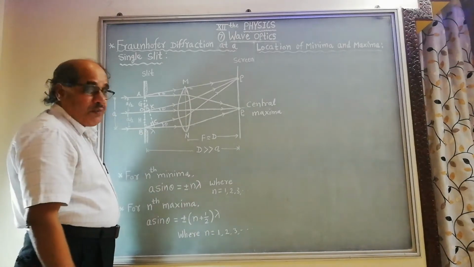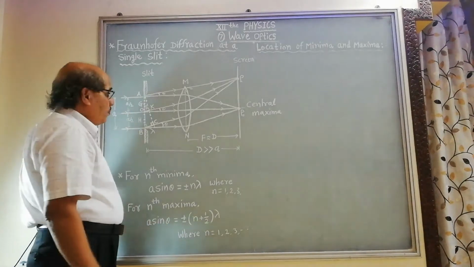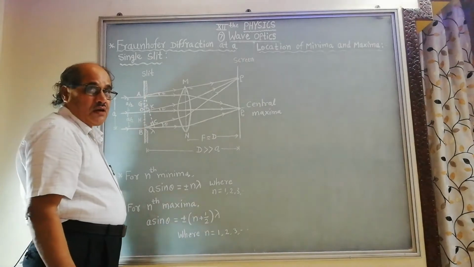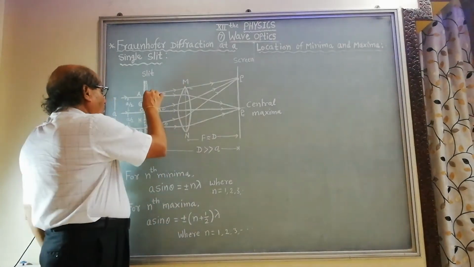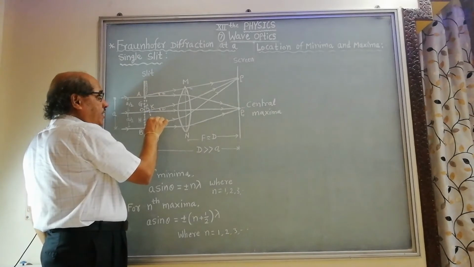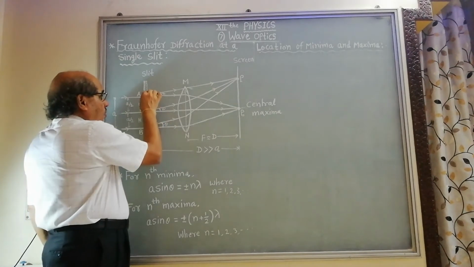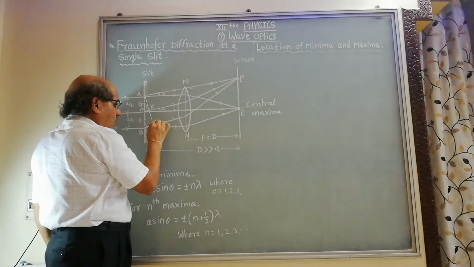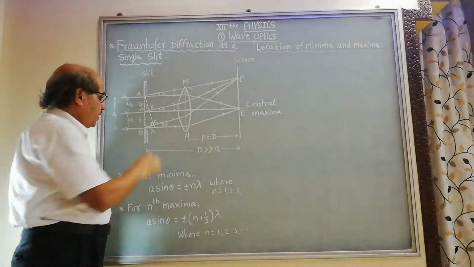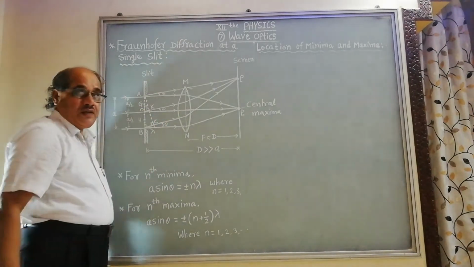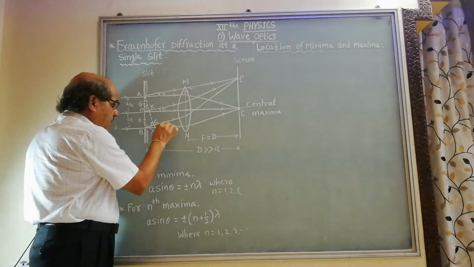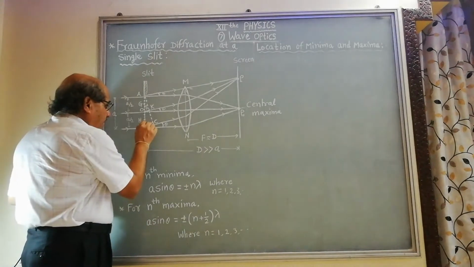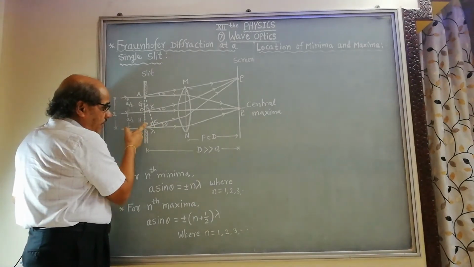To find out the path difference between the two extreme rays, we can draw a perpendicular AC on AM, or AC is a perpendicular drawn on this ray. So this angle is 90. This angle is theta. So this angle is 90 minus theta.